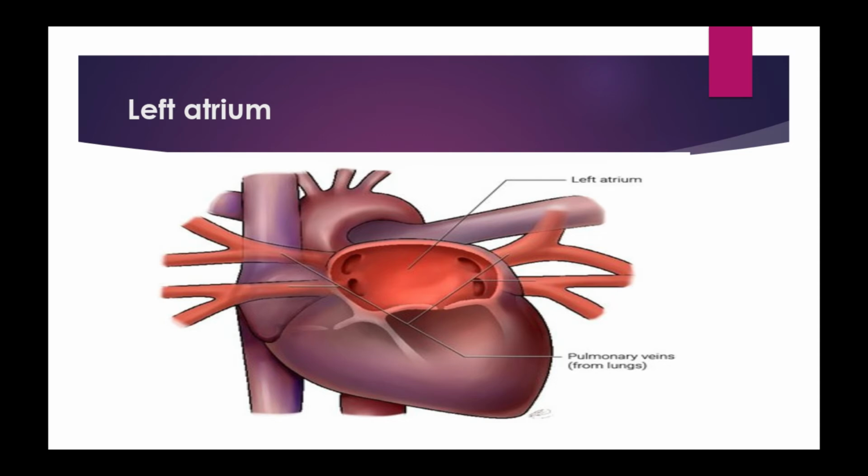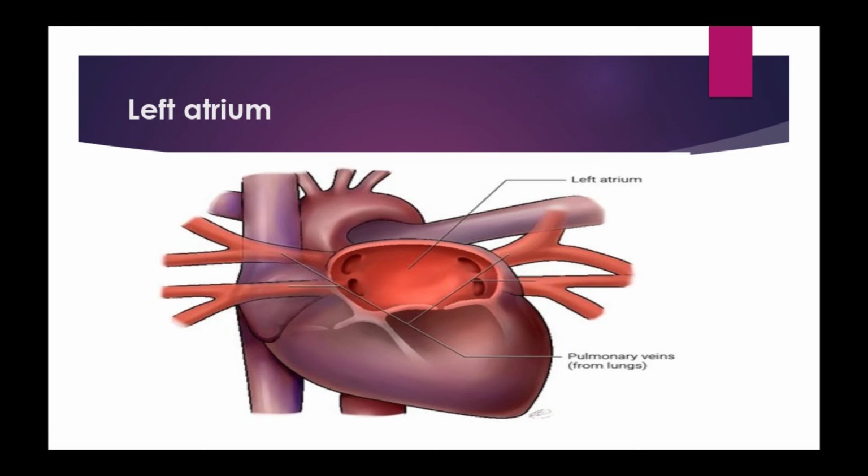This chamber receives oxygenated blood from the lungs through four pulmonary veins and pumps it to the left ventricle through the left atrioventricular valve, or bicuspid valve, or mitral valve.